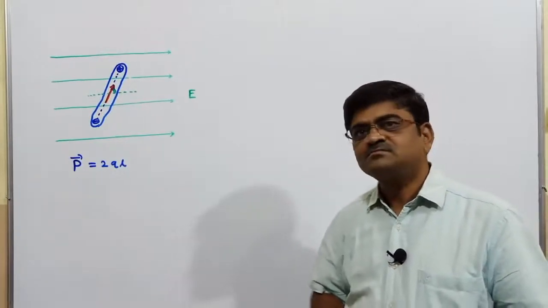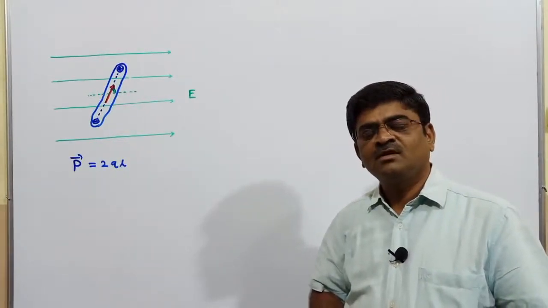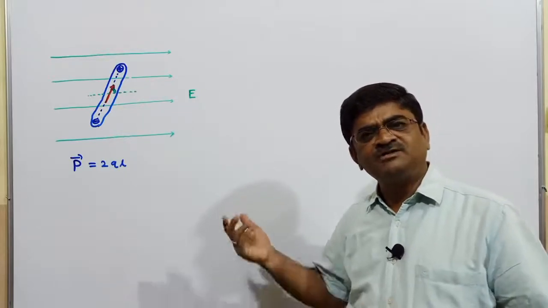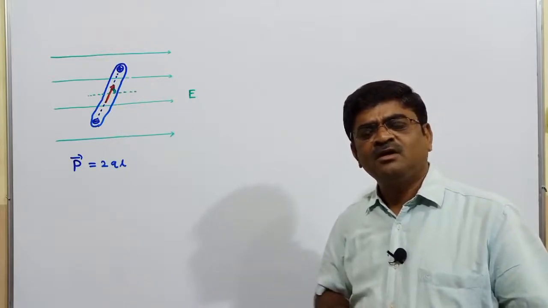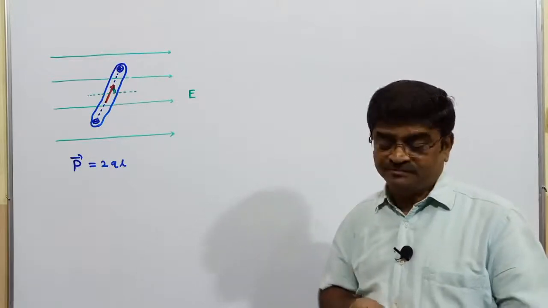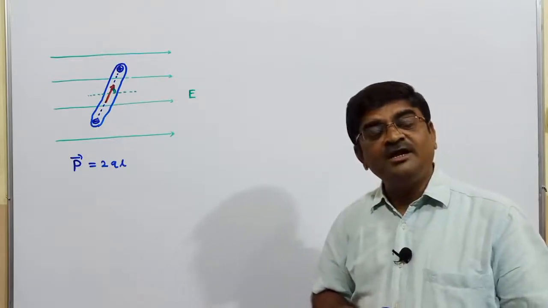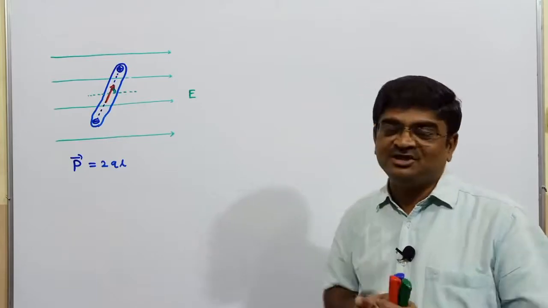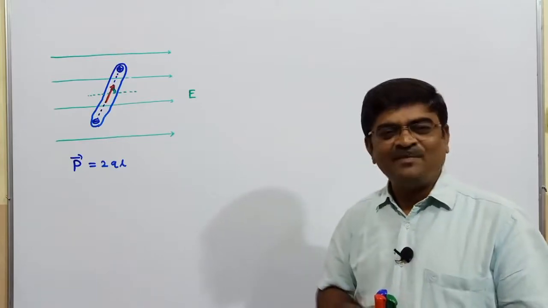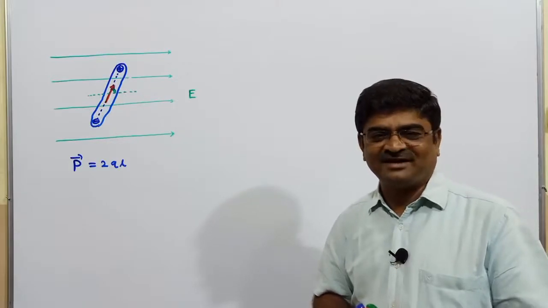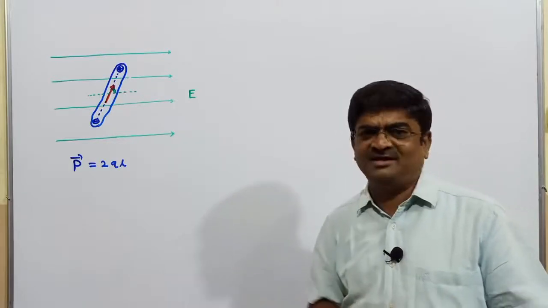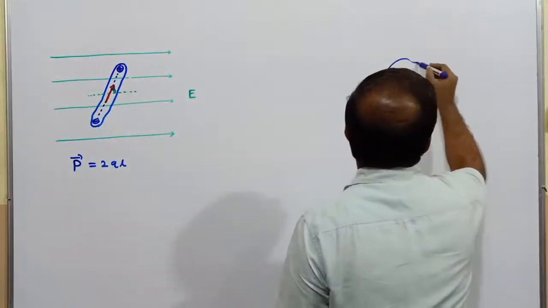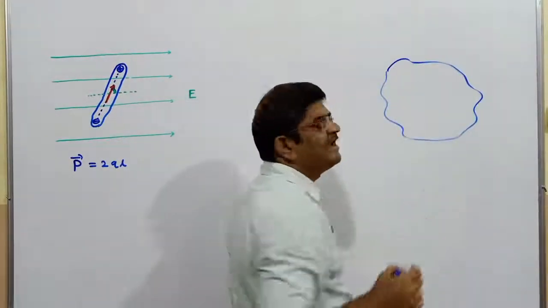Now once I do that, after arranging the dipole in the field, I need to remind you of a few basic things about a charge placed in an electric field. Of course, we have already discussed that, but I will remind. Say I have this as an electric field.